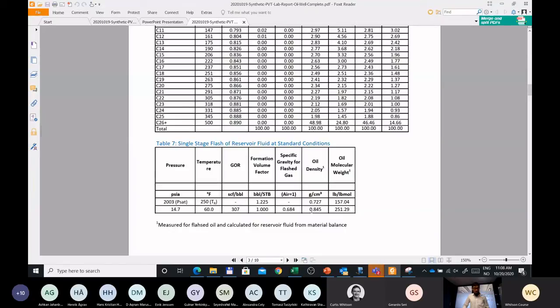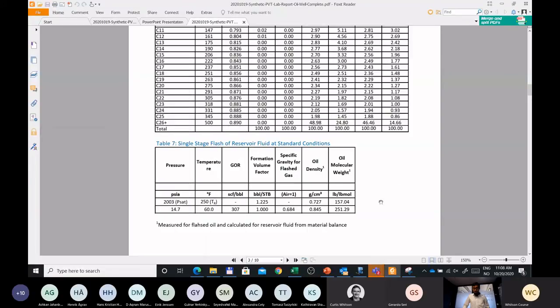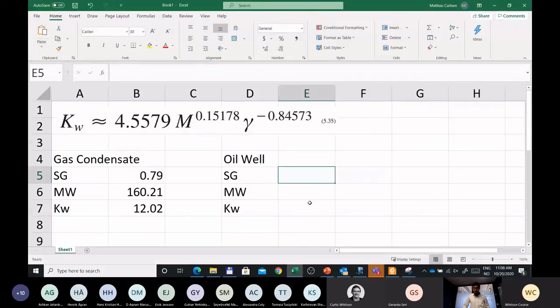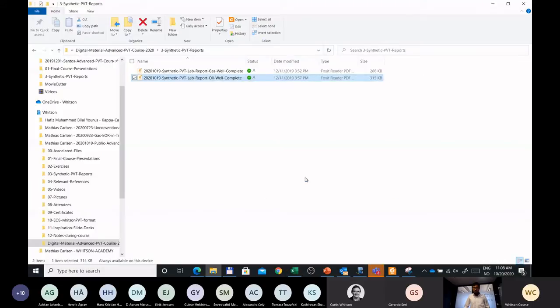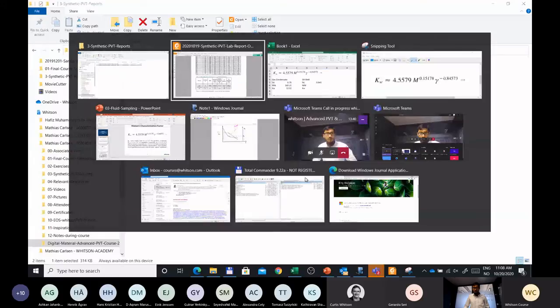So here the 0.845 specific gravity. The average molecular weight is 251.29.